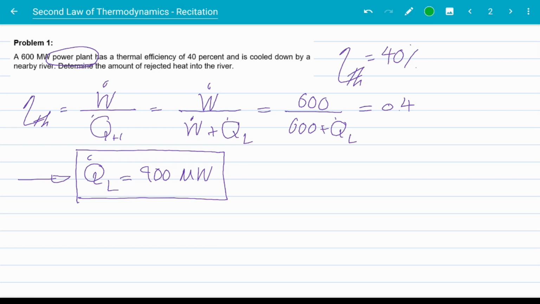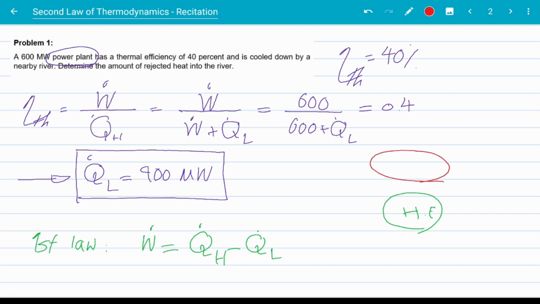So the only part of this problem that you needed to use previous information is that the first law analysis states that W dot is equal to Q dot H minus Q dot L. So if this is our heat engine, this is the heat source, and this is the heat sink.